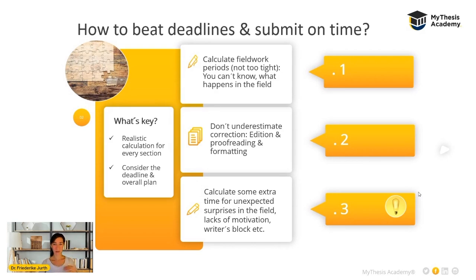Another thing that I would like to give you as a suggestion on your way of the planning and of the time management is that you don't underestimate the process of editing and correction. Why is this so important? Because if we have the thesis ready, or we have the manuscript, then we have the imagination that it is already completed.